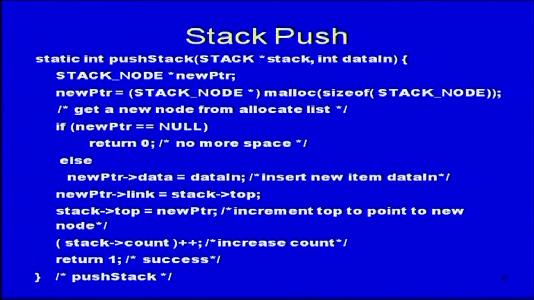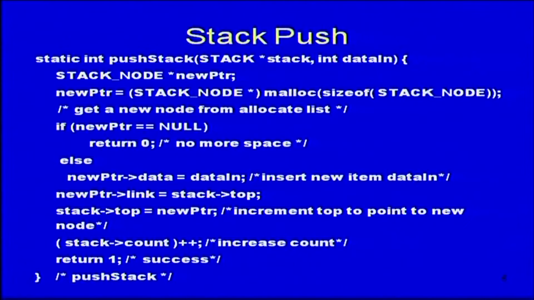Once you have got that, in the new node you put the data you want to insert, and you make the pointer of the new node point to the original stack top, and now change the stack top to point to the new node, and you increment the count of the stack by 1, and you return 1. This return 1 is just to indicate the success. So, this is what we do for insertion into a stack. As you can see, this is very similar to insertion into the front of a linked list.